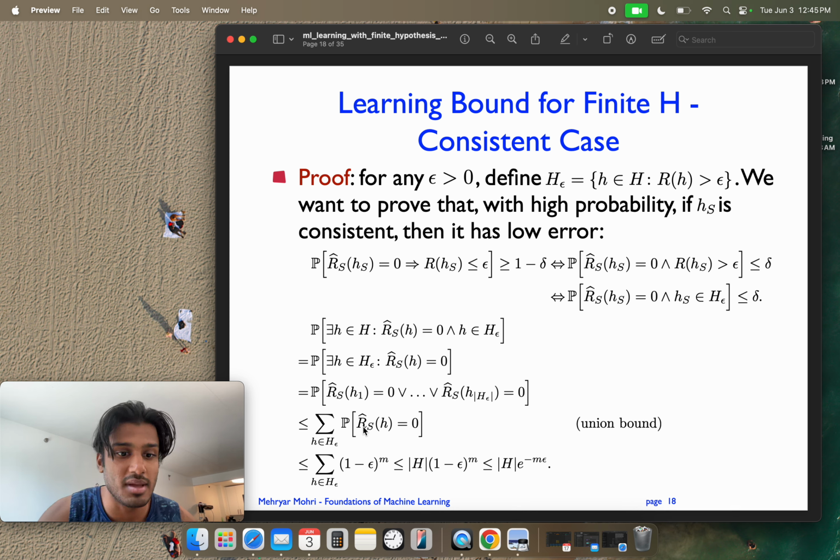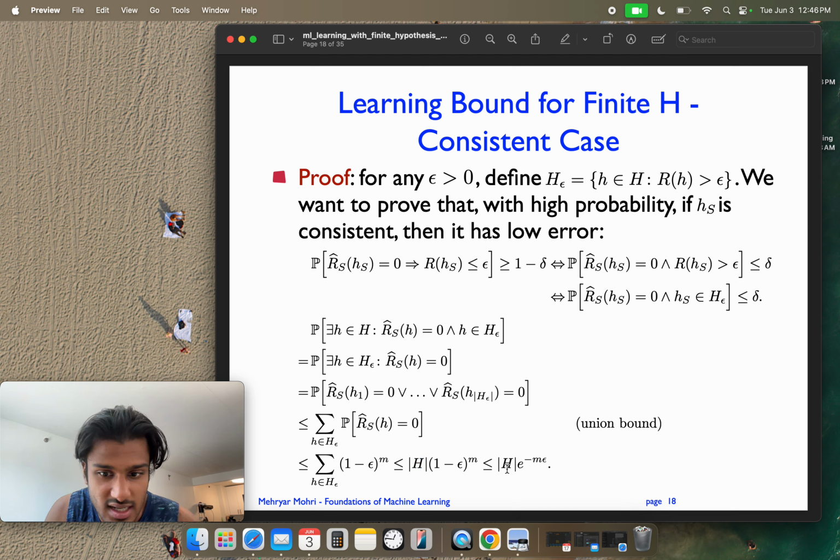The probability that it does not make an error is less than 1 minus epsilon. For all m points, it's like saying (1 minus epsilon) to the m, for all of these hypotheses in the bad set. So that's like a union bound, way overkill, but that's how we do this. And that then is less than the totality of this, because the number of elements in the bad set is less than the overall number of elements. Again, an overkill. That's how we do it.